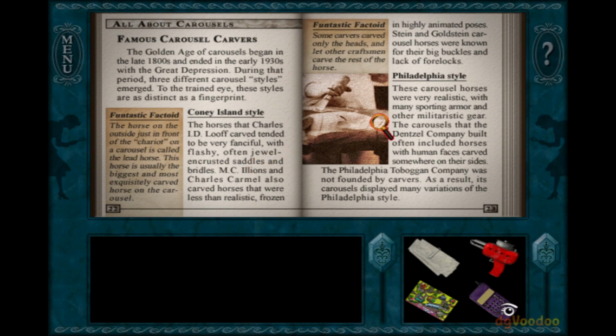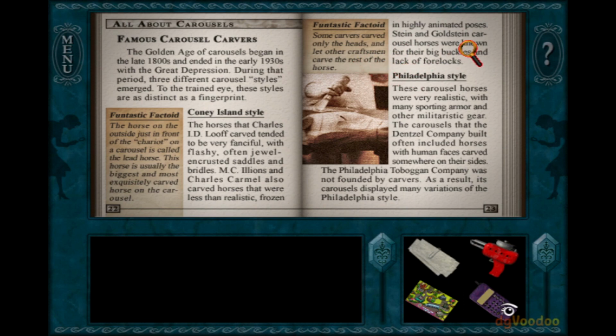Stein and Goldstein carousel horses were known for their big buckles and lack of forelocks. Some carvers carved only the heads and let other craftsmen carve the rest of the horse.